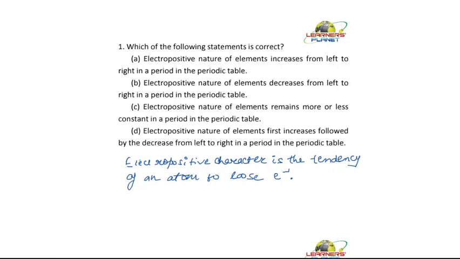If we move from left to right in the period, I have explained you this in detail in the previous session. Now when you move from left to right, what happens to electropositivity? Electropositivity decreases.